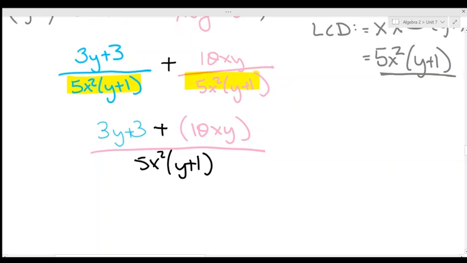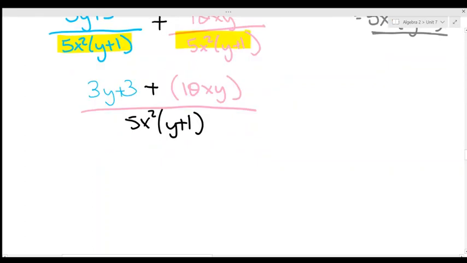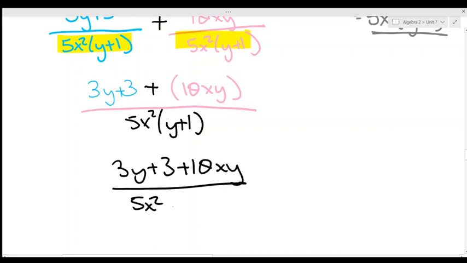So if I distribute this positive to this 10xy, it doesn't change the sign. So what we really have here is 3y plus 3 plus 10xy over 5x squared times y plus 1. Now there's no like terms to combine on the top, and so that means we are finito bonito.